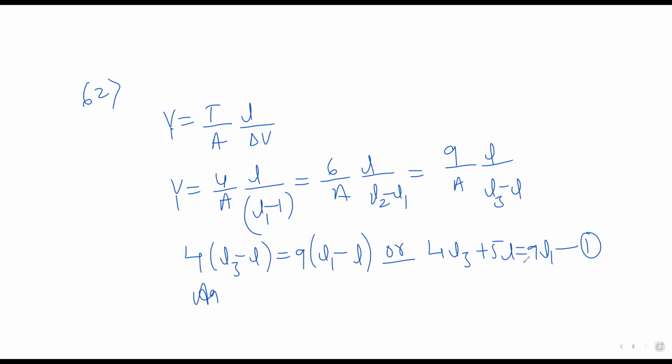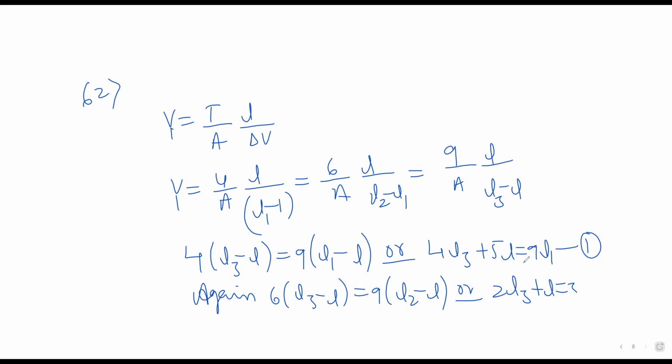And again, 6 into L3 minus L is equal to 9 into L2 minus L1, or you can modify this as 2 times L3 plus L is equal to 3 times L2. So consider this as equation 2. To obtain the L3 value, we are going to solve equations 1 and 2.